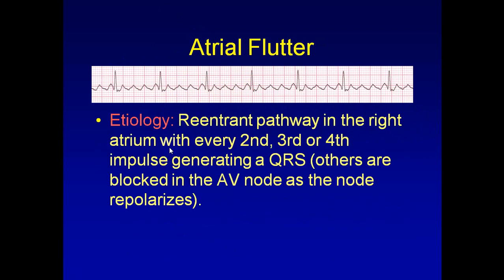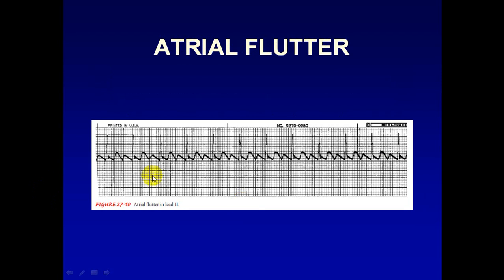What is atrial flutter? It is a re-entry or circus pathway in the right atrium, with every second or third or fourth impulse generating a QRS complex. The others are blocked in the AV node as the node repolarizes. This is the 3 to 1: 1, 2, 3 every time, and it's regular, no P wave.